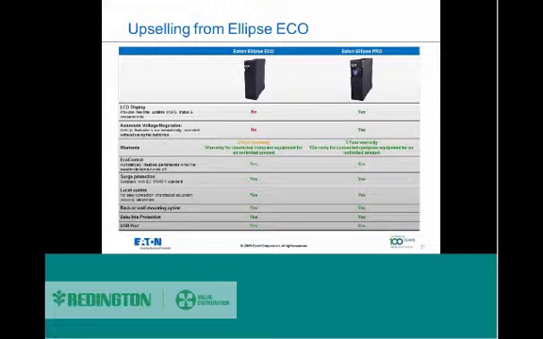In terms of warranty, there's 2 years warranty on the Echo, while there's 3 years warranty provided by Eaton on the Ellipse Pro. Another reason is you can also look at upselling your Echo to an Ellipse Pro, giving your customer a line interactive UPS rather than an offline UPS.